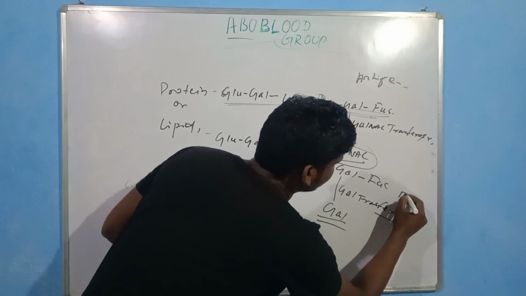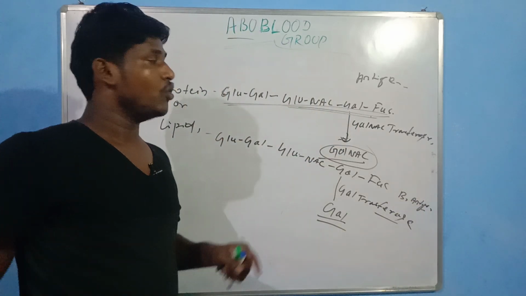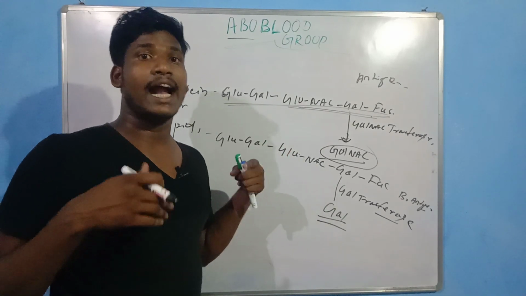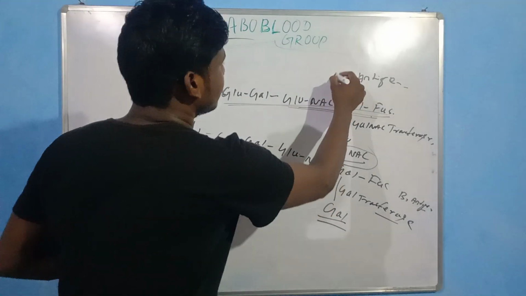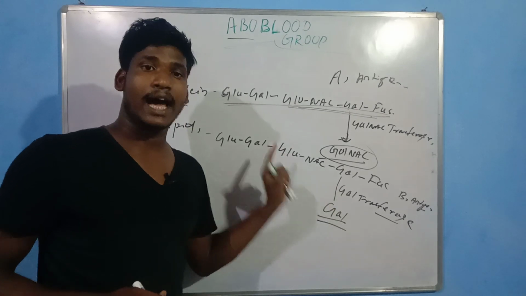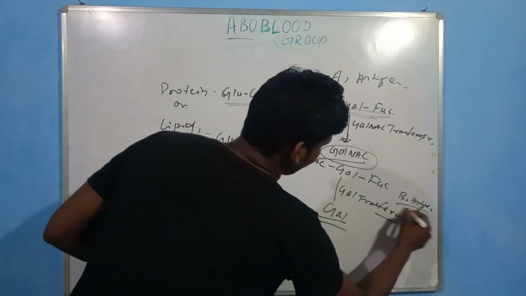This is called the B antigen. You can remember this: when the chain has the addition of N-acetyl galactosamine, it is called the A antigen, and when only galactose is added, it is called the B antigen.